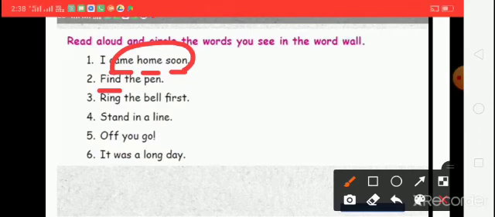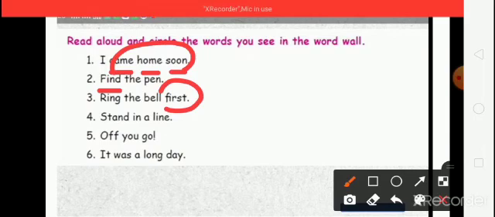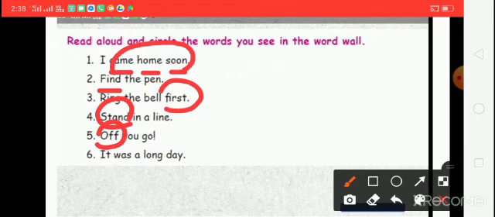Third question, ring the bell first. First. Fourth one, stand in a line. Stand. Fifth one, off you go. Off. It was a long day. Long.